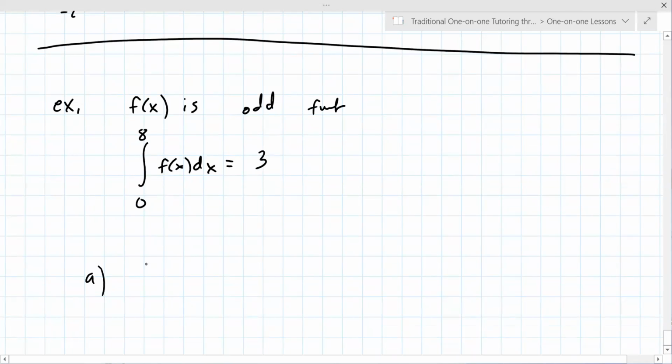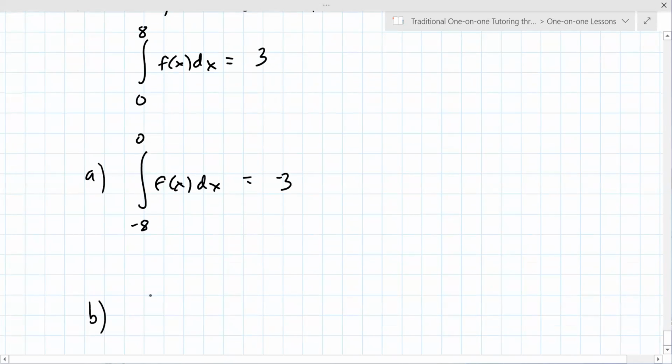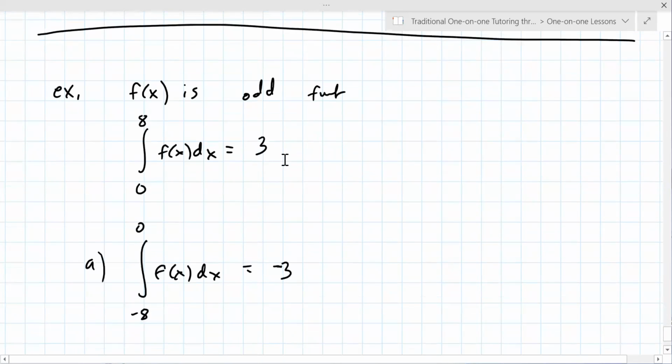Part A would be, what's the integral from -8 to 0 of f of x dx, and you would say, oh, it's -3. And then part B would be, what's the integral from -8 to 8 of f of x dx? Minus 3 plus 3. It's 0 because it's odd.